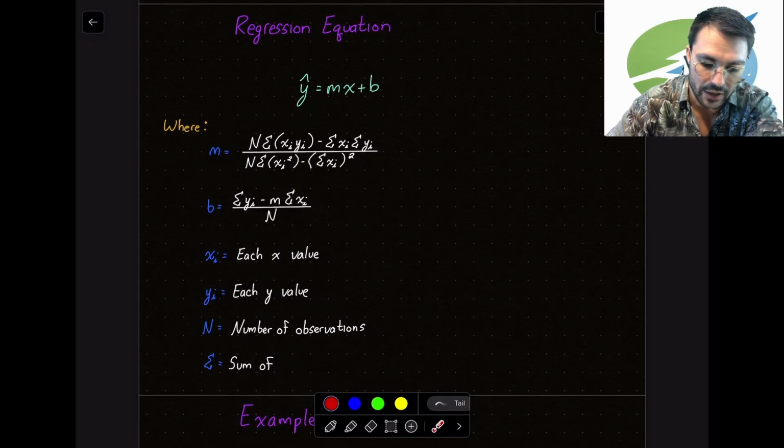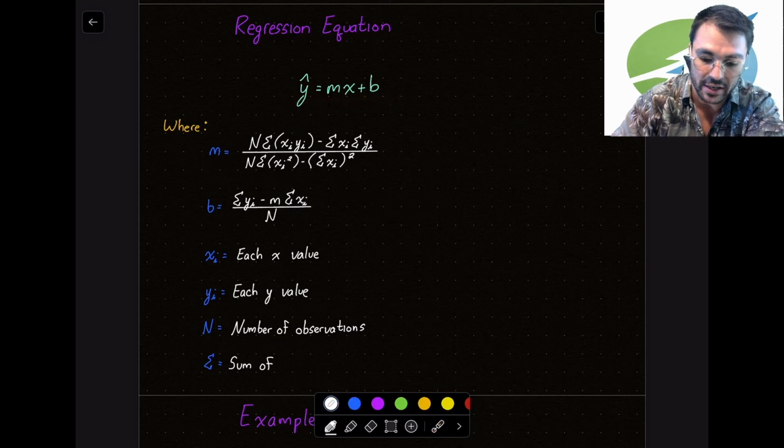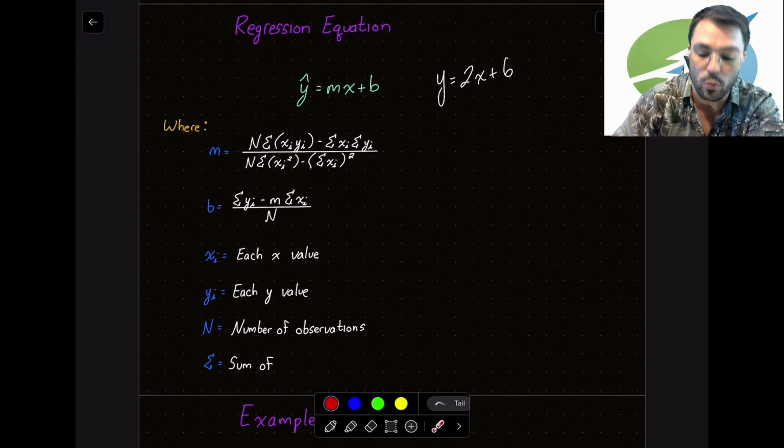So I denote here x sub i and y sub i. I want to make it crystal clear: x sub i and y sub i are not the same thing as the x and y in our equation. When we graph this thing, it's going to come in a form like y equals 2x plus 6. This x and this y stay as variables.